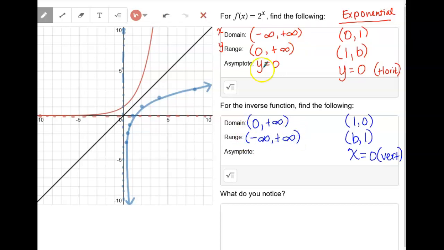And the asymptote, remember, we just replace y and x with each other. So if this is y equals 0, this is going to be x equals 0. Okay? So remember, the big thing with inverses is that x and y trade places. We replace x with y, we replace y with x.